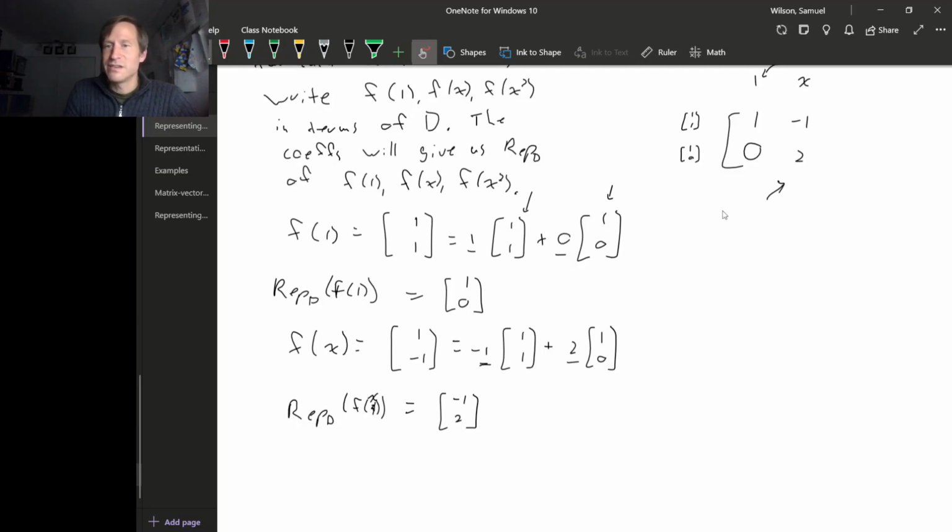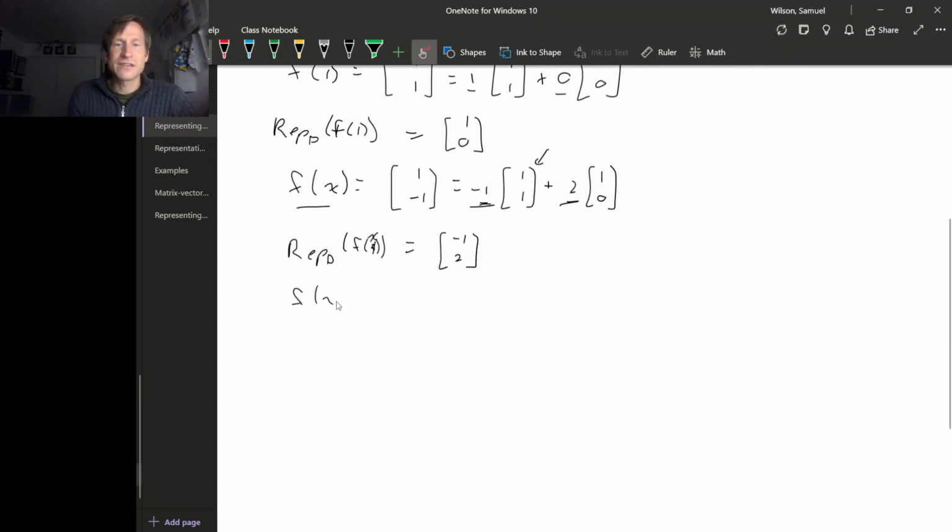And this is because f of x is equal to -1 times the first basis vector plus 2 times the second basis vector. Okay, now we only have one more basis element to go, and that's x squared.